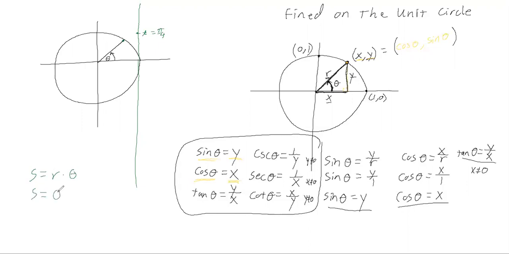S was equal to theta on the unit circle. So this s part, which is the same length as there, which is pi over 4 in this case, is the same as this angle theta right here. Now, which ordered pair did I have up here? I had square root of 2 over 2, comma, square root of 2 over 2.